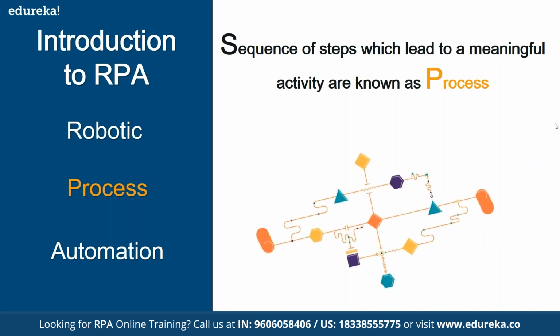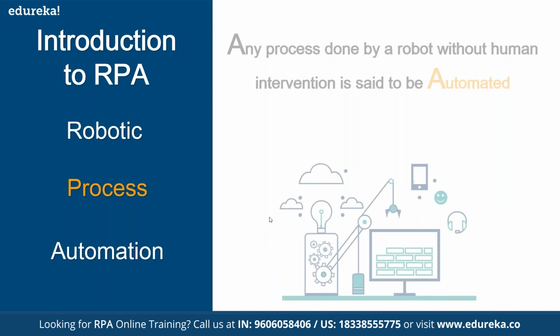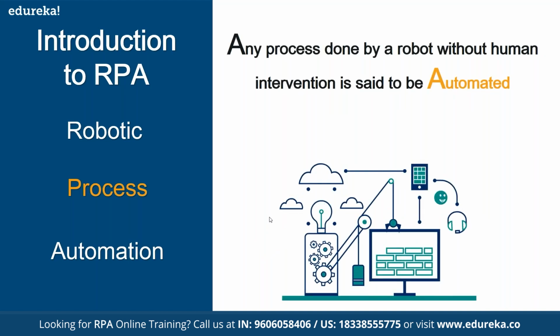So the robot, which is a software, has the capability of performing the action, that is, the process. And doing that process without human intervention is called automation.